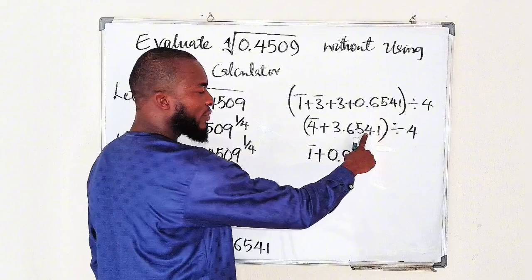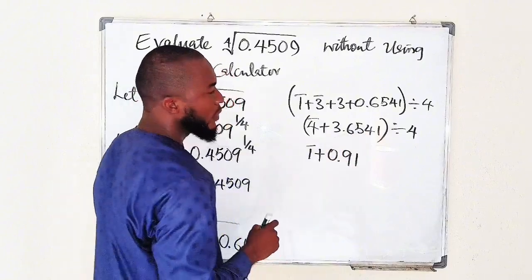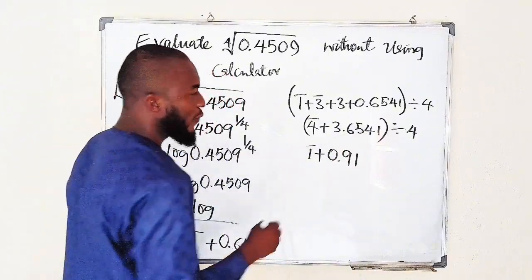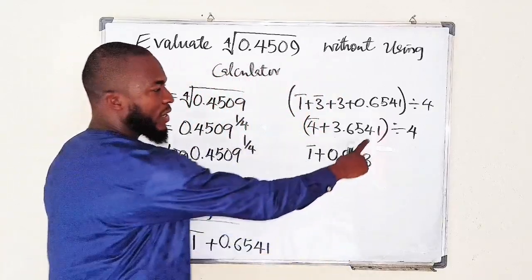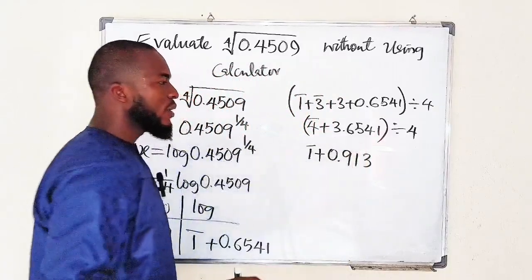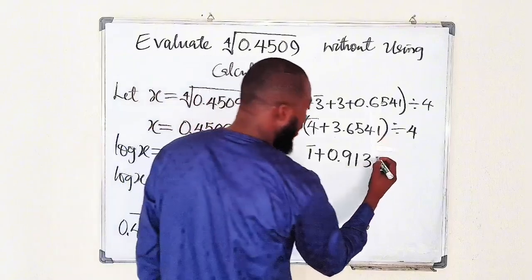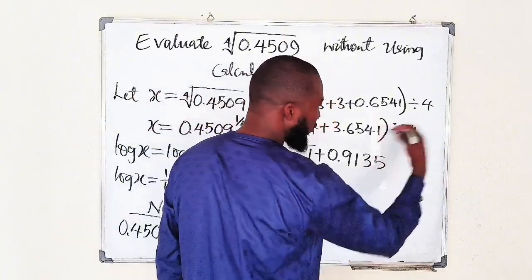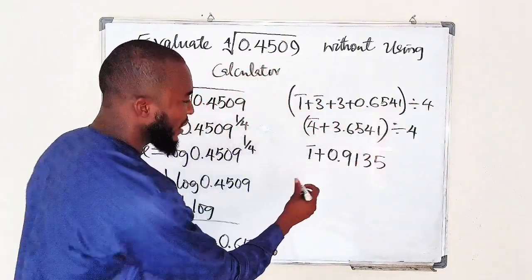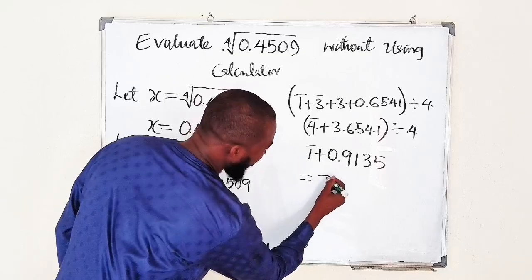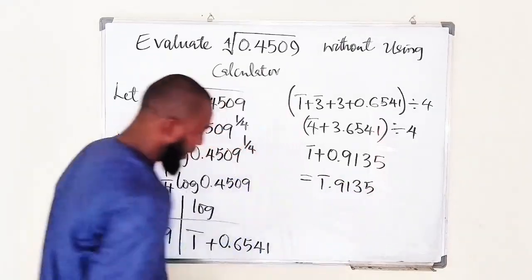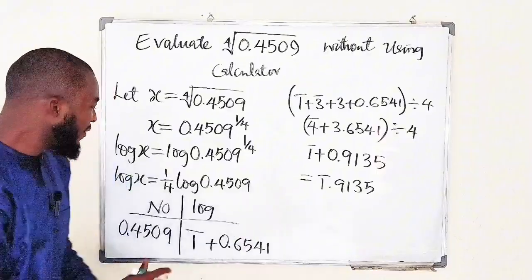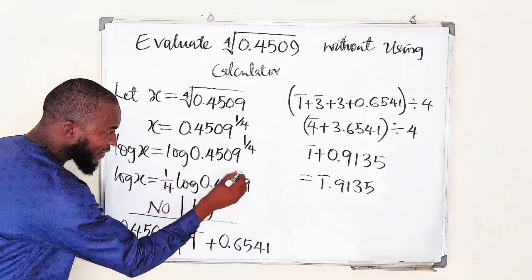You bring it here, it becomes 14. 14 divided by 4, I think, is 3, but we still have a remainder of 2. Bring that 2 here to make it 21. 4 into 21 is 5. We still have remainder, but we have to stop here because we do not have any other numbers. So if you join this together, you have bar 1.9135.